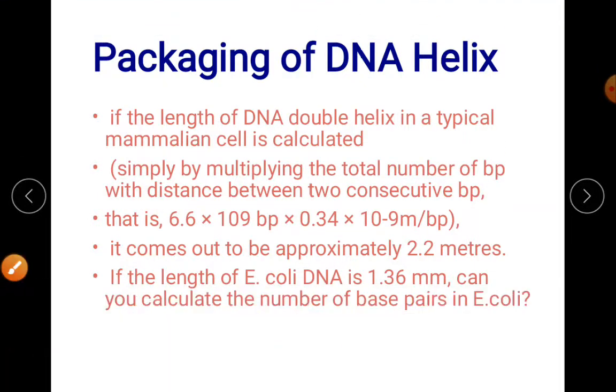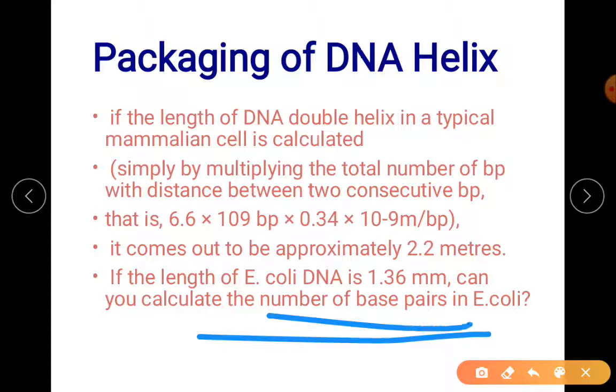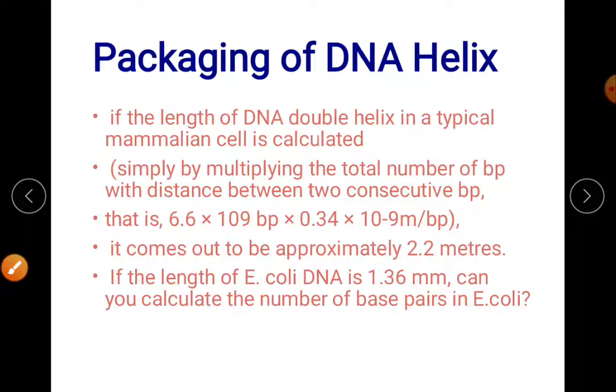So you have one more here. Try to do the same method. So here they have given, calculate the number of base pairs. If the length of E. coli is 1.36 millimeter, can you calculate the number of base pairs? So yes, we can, using a method over here.